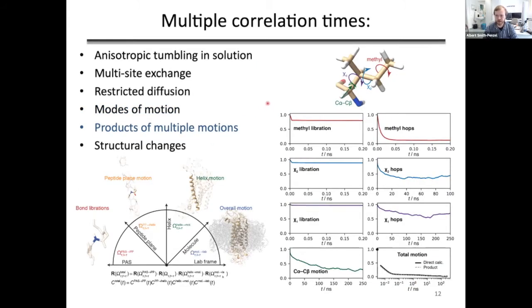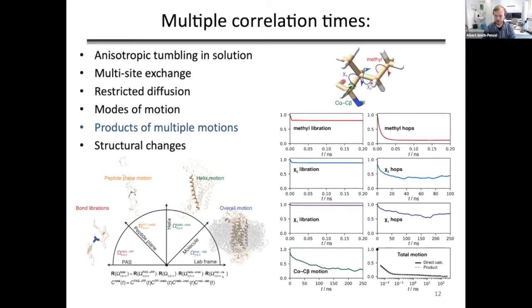The next example where we get multiple correlation times is, of course, if multiple motions affect the relaxation. So here we look at an isoleucine, and this is a little bit inspired by some of the things that Fabian does, just from conversation. But anyway, we say that the motion of an HC bond here, which is leading predominantly to the relaxation of this carbon, is the result of rotation around this bond.